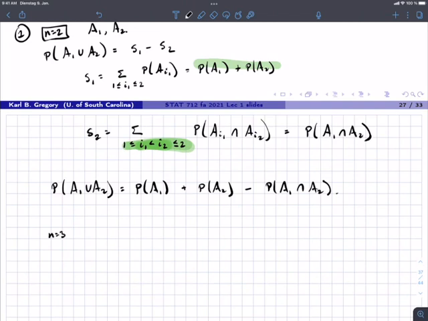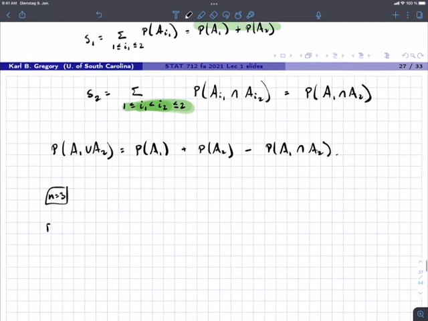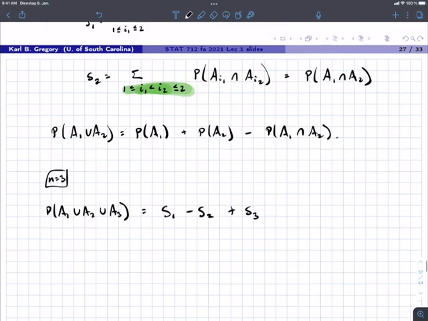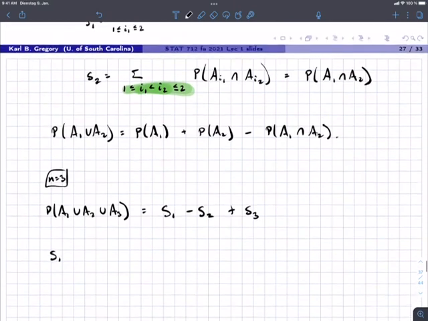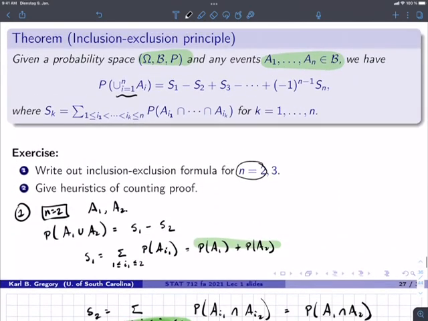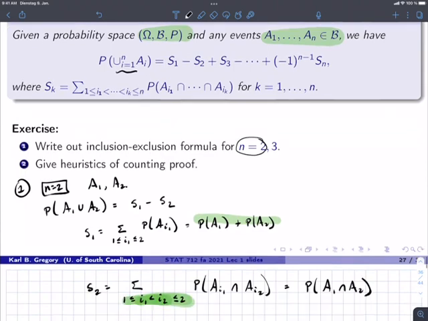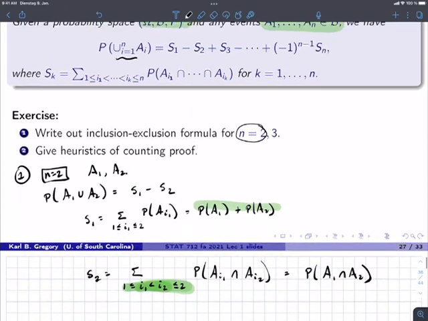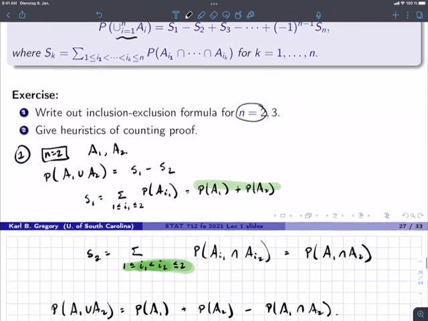Let's do n equals 3. So I have 3 events now. A1 union A2 union A3. This is S1 minus S2 plus S3. Where now S1, these really depend on n. Maybe I should add an extra indicator or notation there.